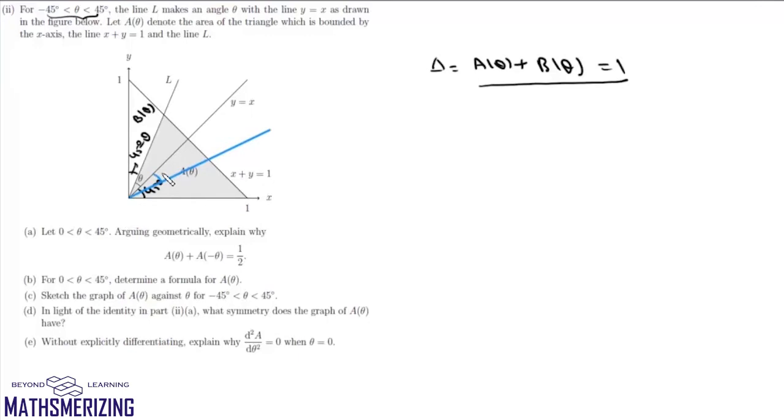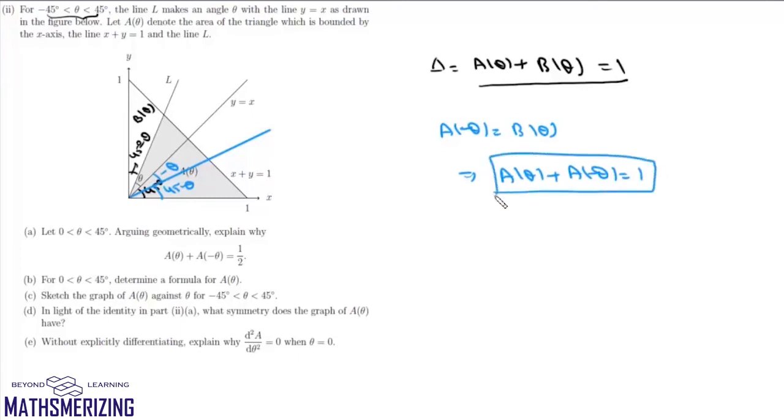Then suppose this is minus theta. This angle will be 45 minus theta. So this area, which is A(-theta), is actually equal to B(theta). So from here we can say A(theta) plus A(-theta) will always be equal to 1.